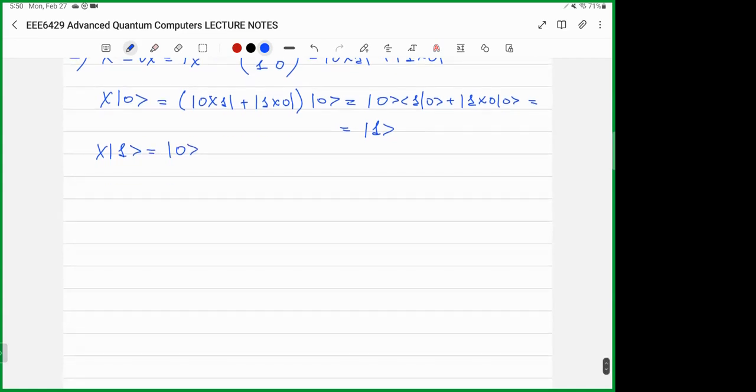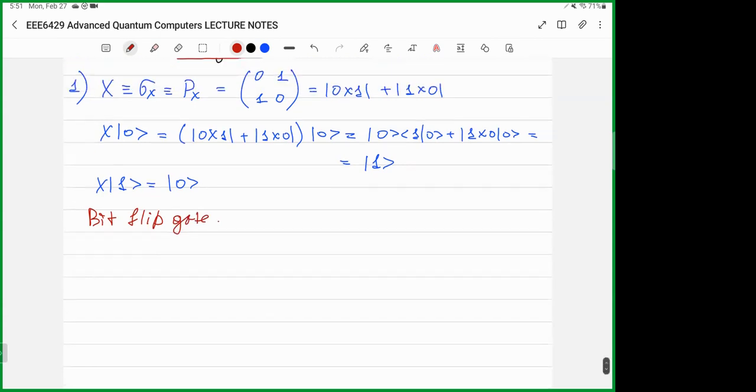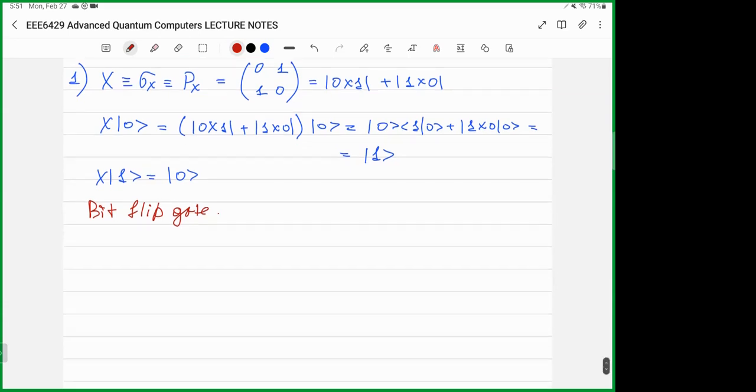That's easy to see. So this is the bit flip gate. Bit flip gate, because in some sense it takes the 0 and flips this to 1. Of course, this is not a bit now, it's a state, but the terminology is taken from the classical computation.